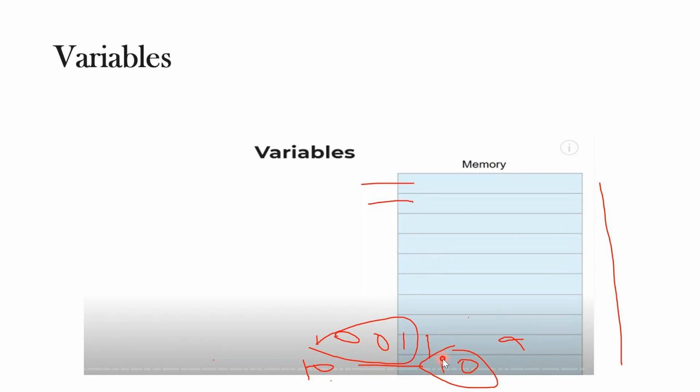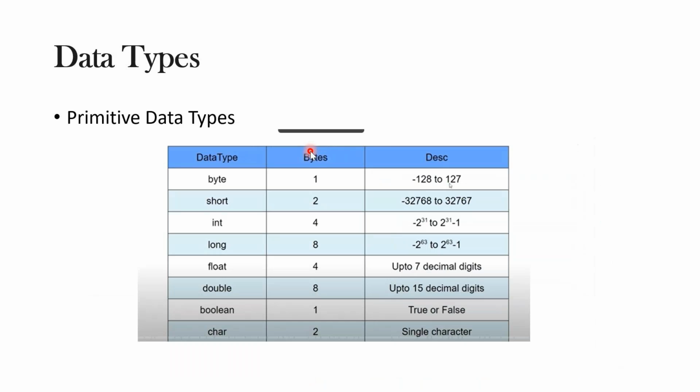In that case only the variables come into the picture. What a variable will do is represent the memory address. For the machine, it is memory address 1001, 1002, 1003, something like that. But when you do coding, you will be using variables.